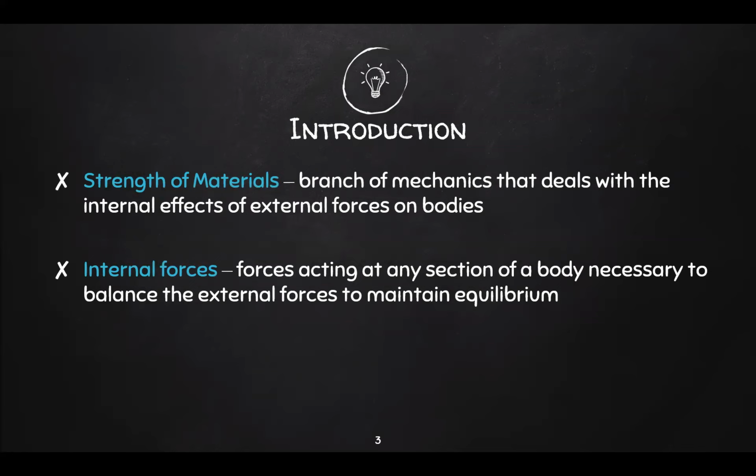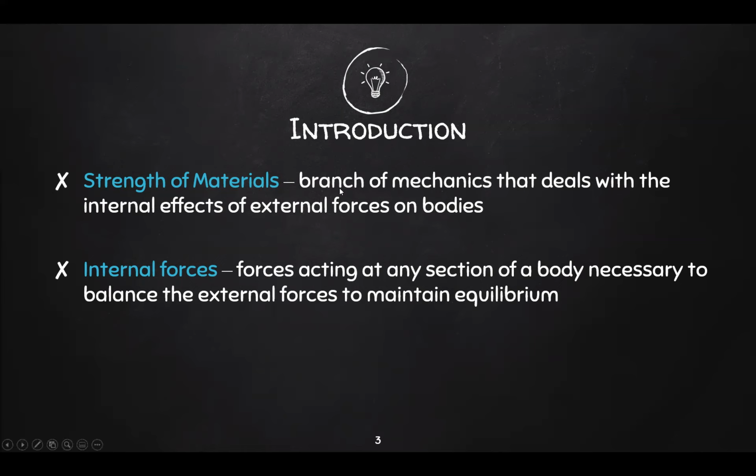So, recall, analysis of rigid bodies is concerned with the external and internal reactions of a body, right? In mechanics of materials, we analyzed internal forces, which are forces that act on cross sections that are internal to the body itself. Now, within that, we have your strength of materials.